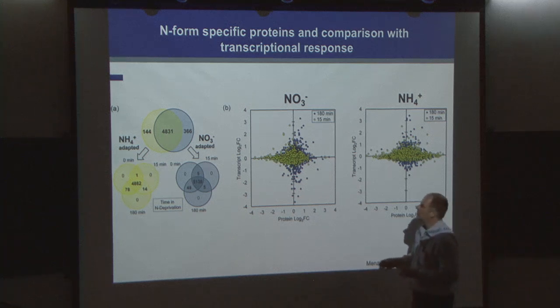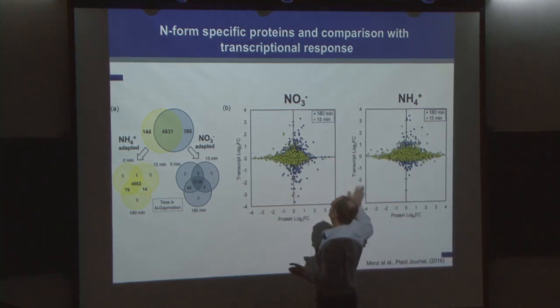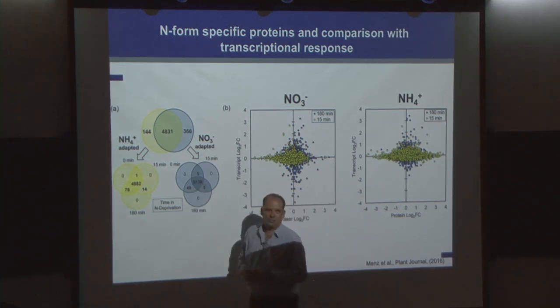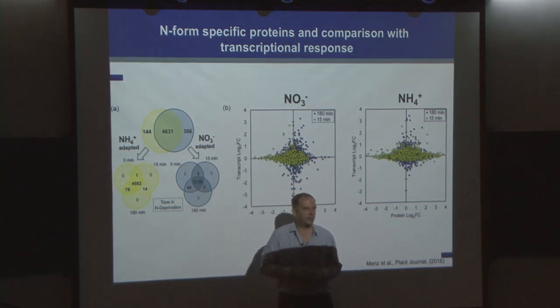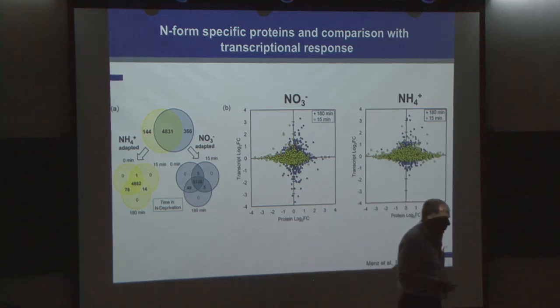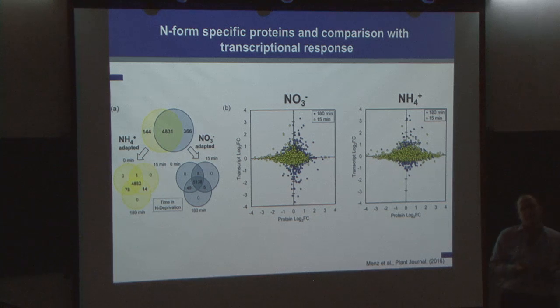This is shown here in these diagrams for nitrate and for ammonium, and here it is shown which proteins we found. From the gene expression analysis, we knew that Arabidopsis had about 22,000 expressed genes, and in the root, about 10,000 of these are significantly expressed.